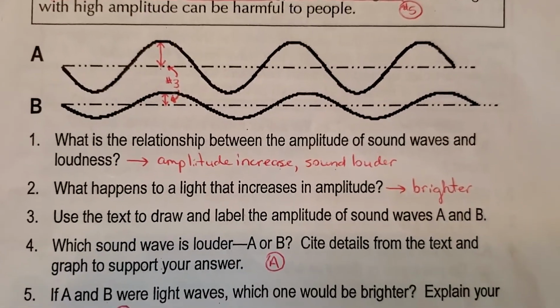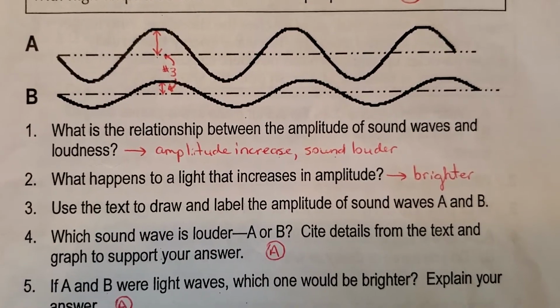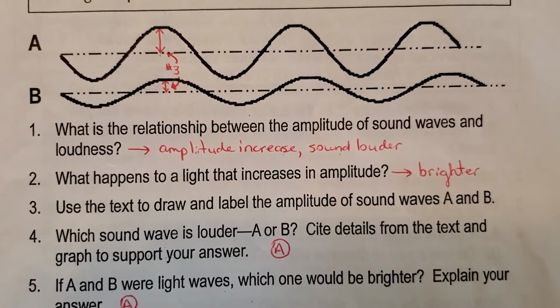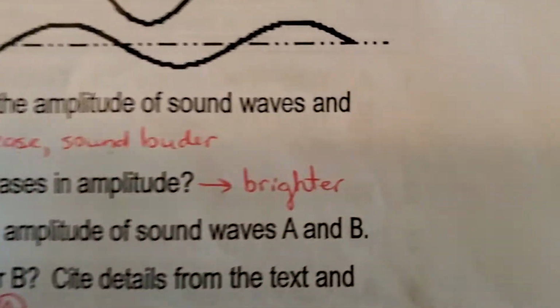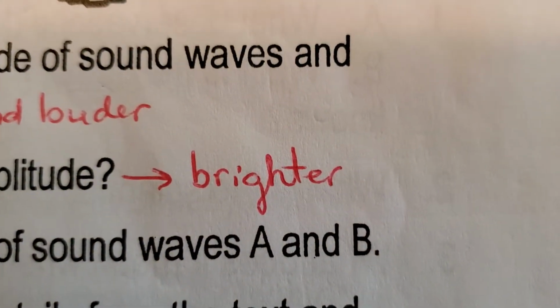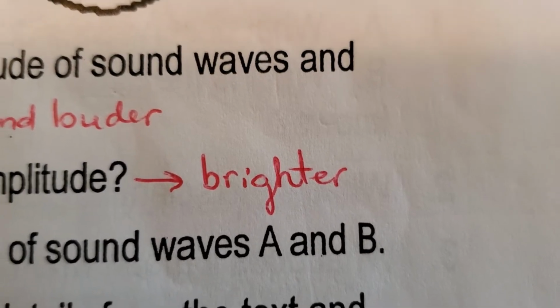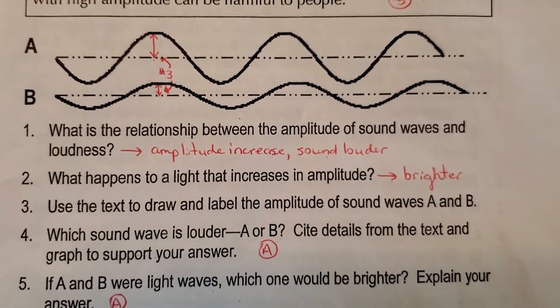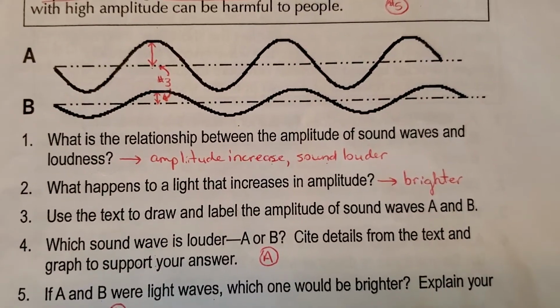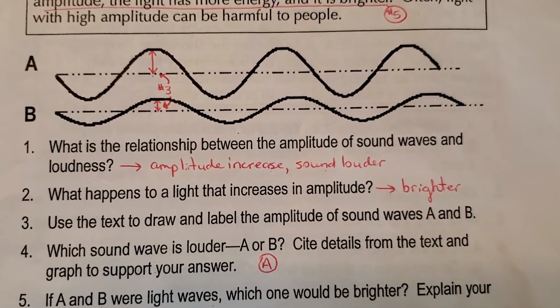Number 2, what happens to a light that increases in amplitude? Increase the amplitude, the light gets brighter. Bigger amplitude, brighter light.